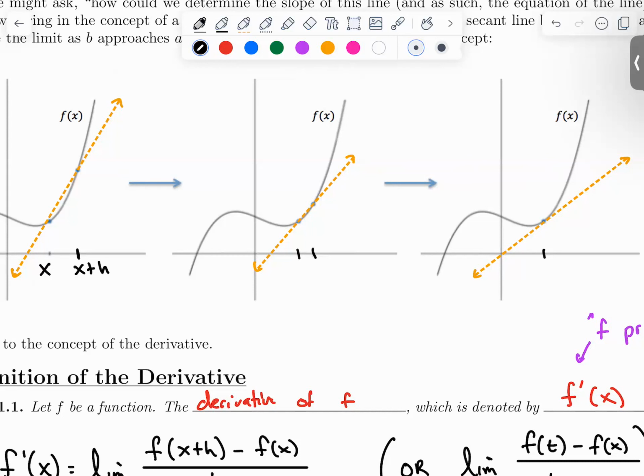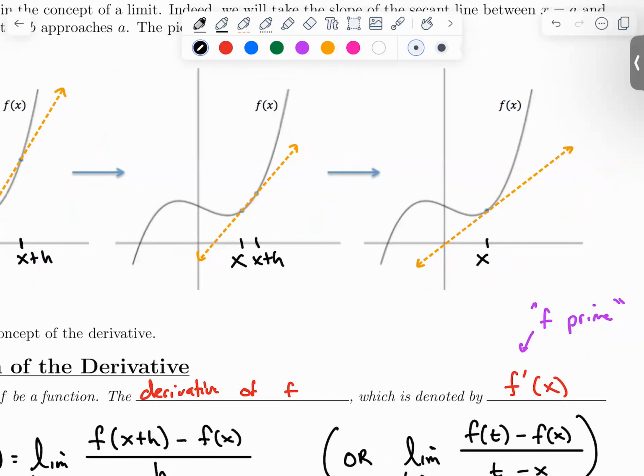So you're going to make H go to 0. X plus H gets closer and closer until they become virtually indistinguishable when H finally goes to 0. And so if you're thinking about that, this is f of X, and this is f of X plus H. So you're taking the secant line.